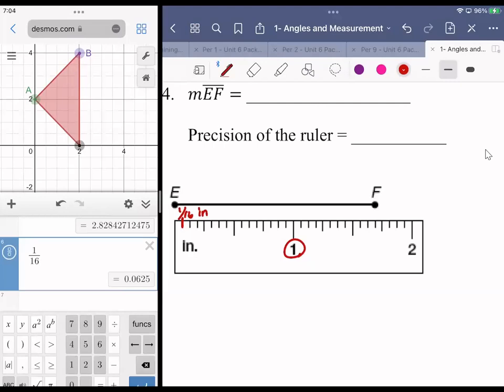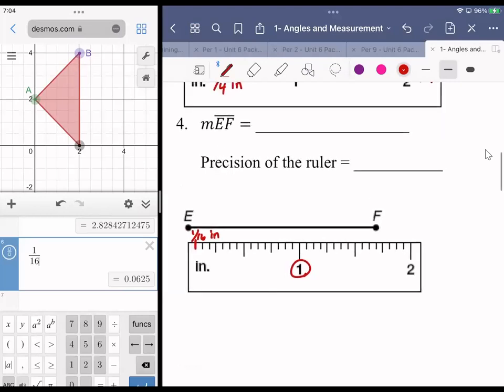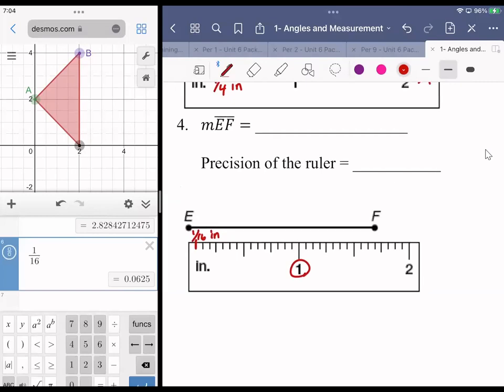You still got to do the mental math. If the speed limit is 100 kilometers per hour, all right, what does that equate to in miles per hour? Because that doesn't make sense. So it's just what you're used to. If you grew up on the metric system, then you look at that as being the obvious choice. But the precision of the units, the instrument here, is 1/16 of an inch.